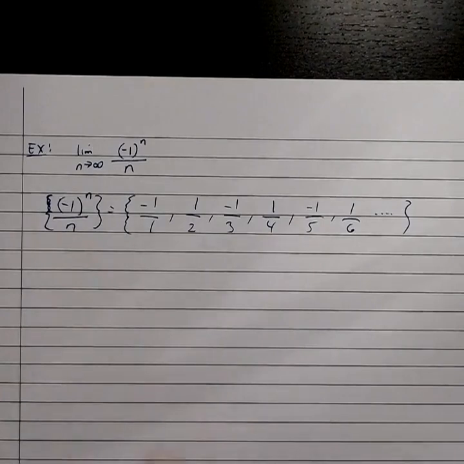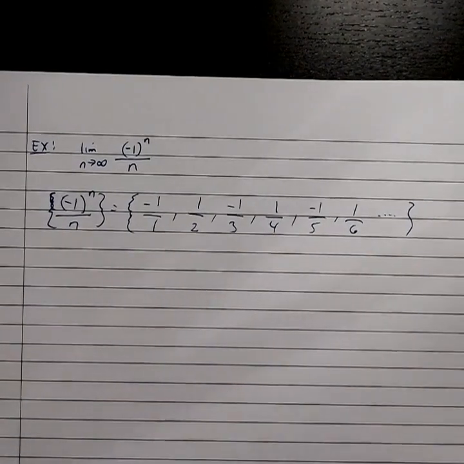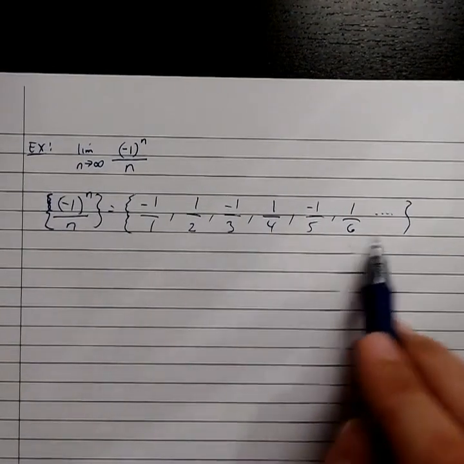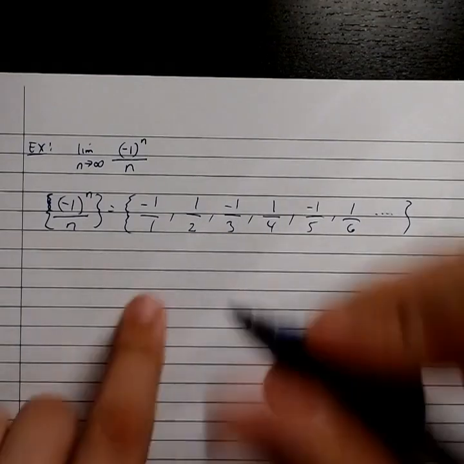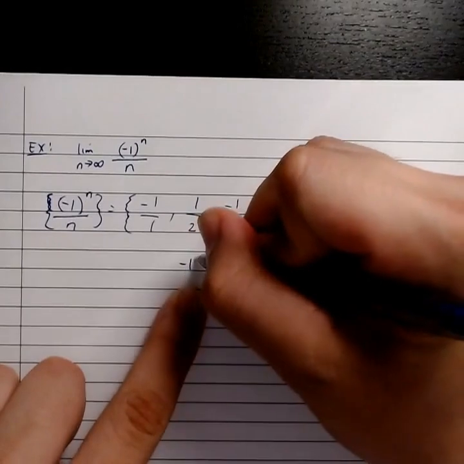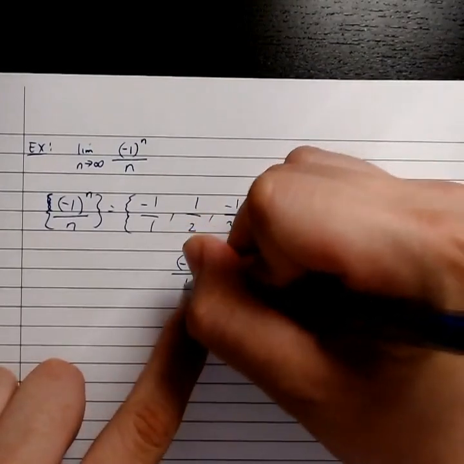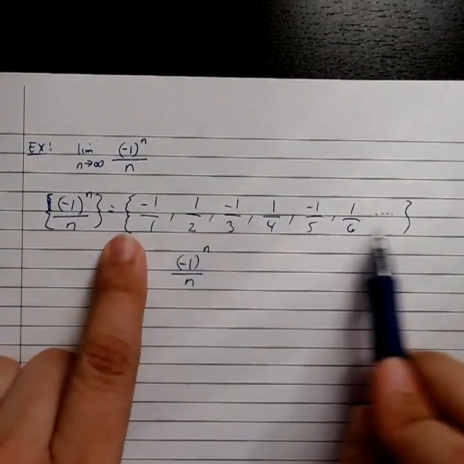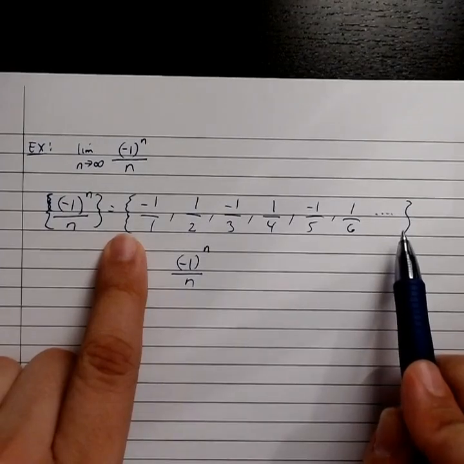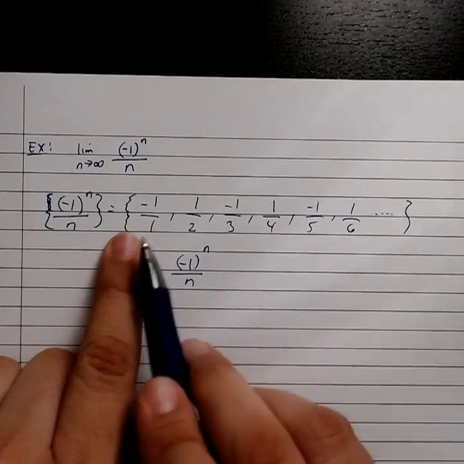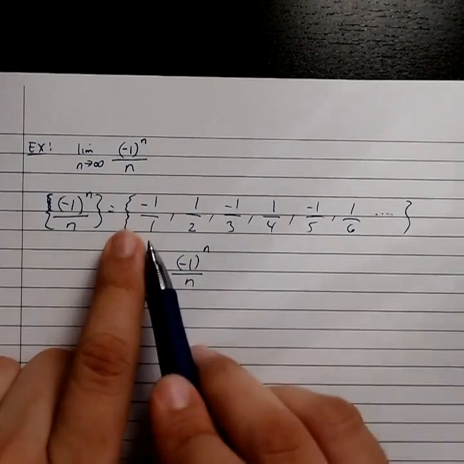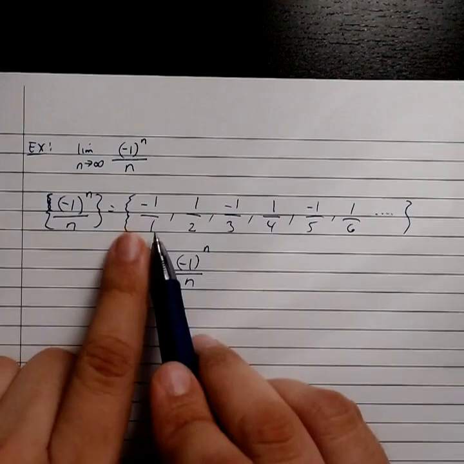Okay. Well, notice that these terms are all greater than if these were all negative, and these are all less than if these were all positive. Or in other words, I note that (-1)^n over n, if all of these were positive, then they would be either exactly the same as they are now, or they would be greater than what they are now, right? If this was +1, well, it would be greater than this.